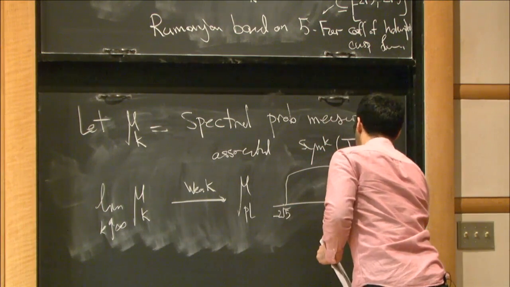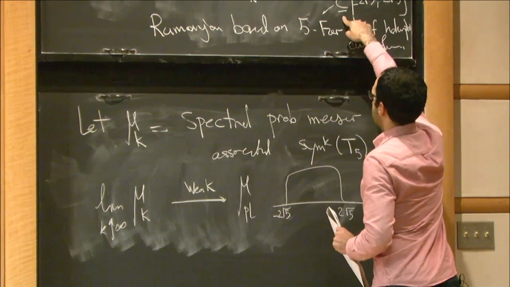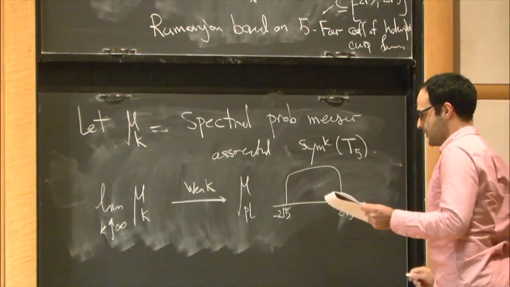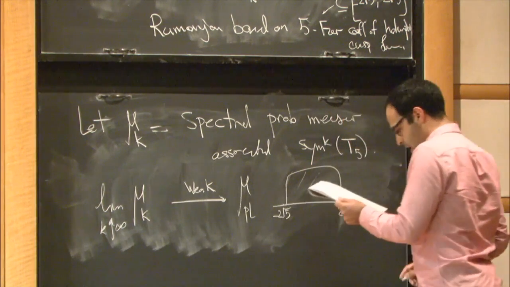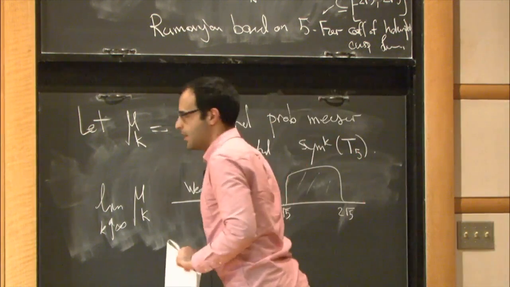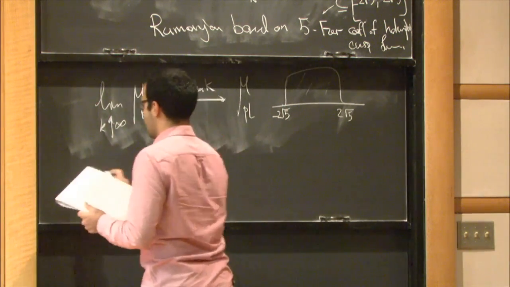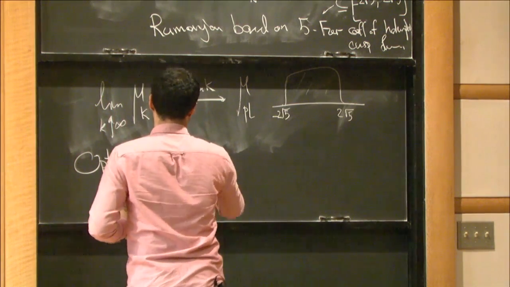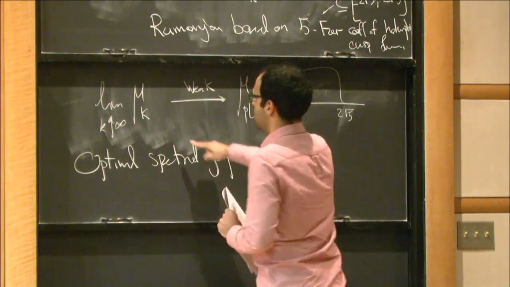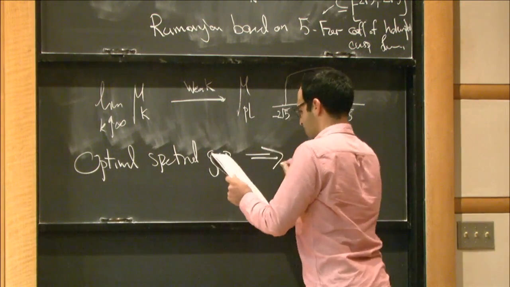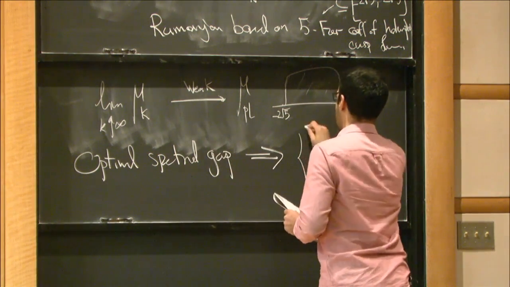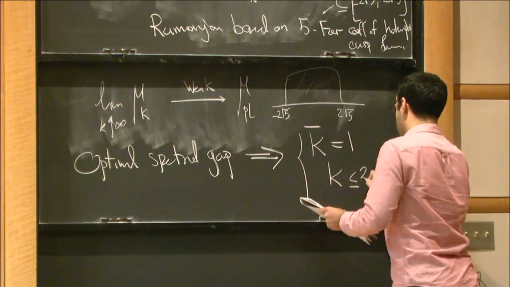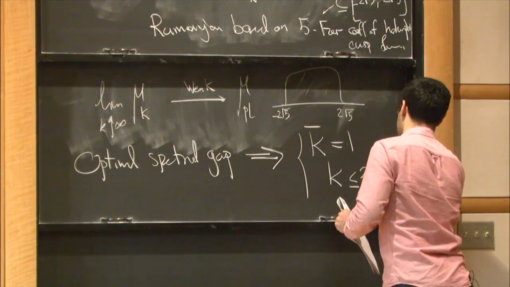So this shows that, in fact, this is a strict bound on the eigenvalues. It has positive mass here. So the main principle that I want to mention is that optimal spectral gap on the dual points implies sharp bound on the covering exponent. K bar is 1, and k is less than 2 for S3.